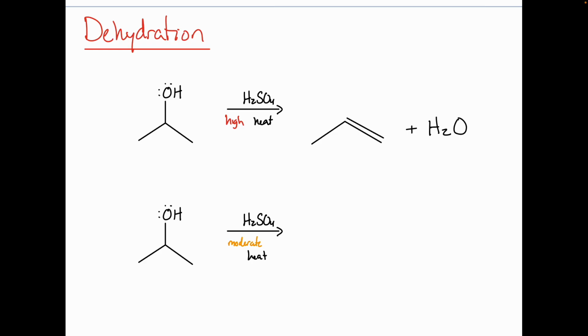Whereas this dehydration converted my alcohol to an alkene, if we use instead moderate heat, we're going to get alcohols being converted into ethers. So everybody take a second and draw me my ether product for this reaction here.